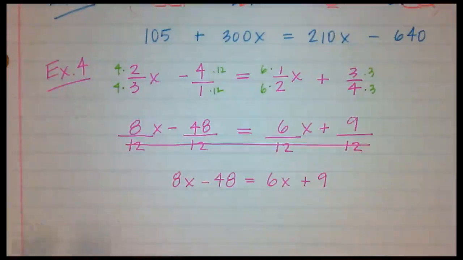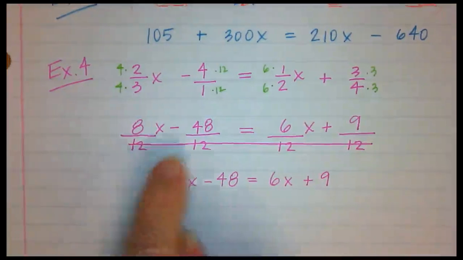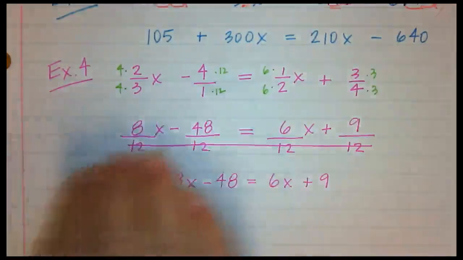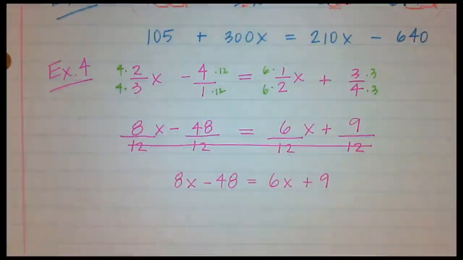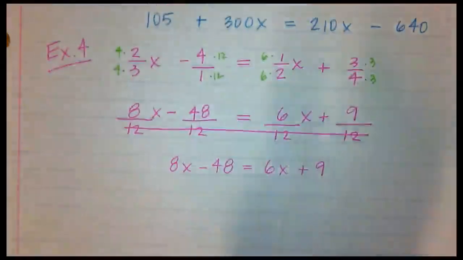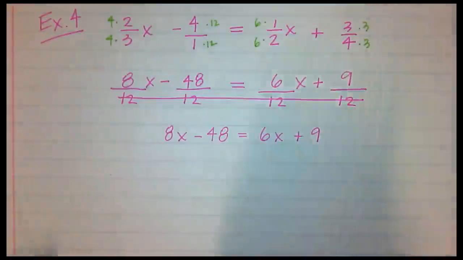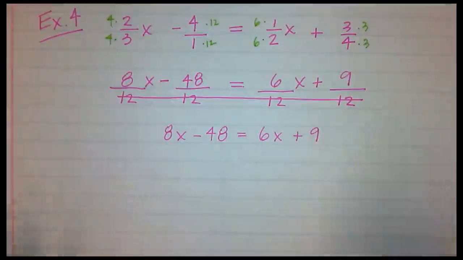So clearing the fractions, all you're doing is getting the common denominator for each term. And then once the denominators are the same, we don't even need them. We can just get rid of them and solve what we have from the numerators. Now, I would just want to mention that on all of these examples, it doesn't mean that you won't have a fraction or decimal as an answer.